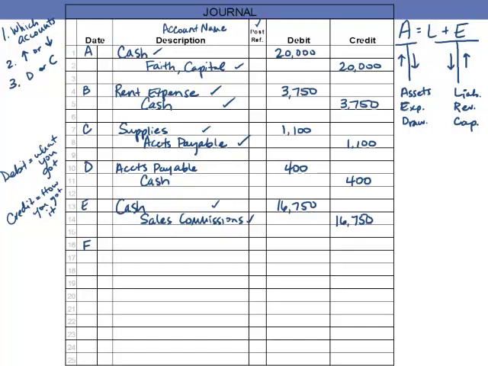Expenses are over here. They follow this pattern. We're going to increase with a debit. So auto expense and miscellaneous expense, both going up. This one was $1,000 and miscellaneous was $700. We paid cash, which is a credit, and we can put the total there. Notice that our debits equal $1,700, our credits equal $1,700.